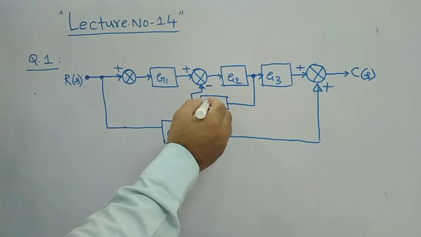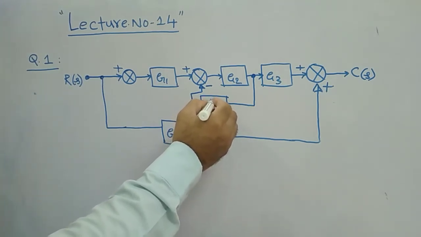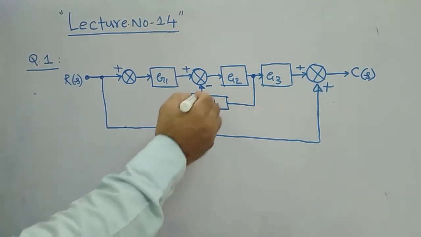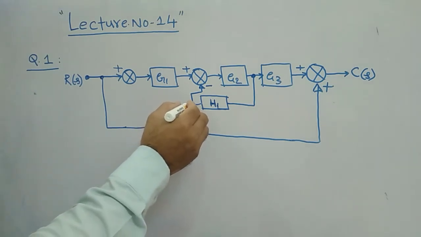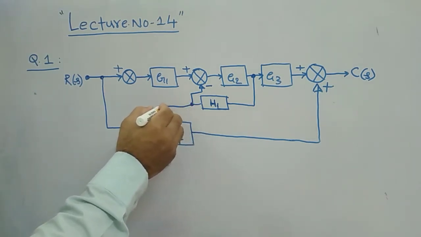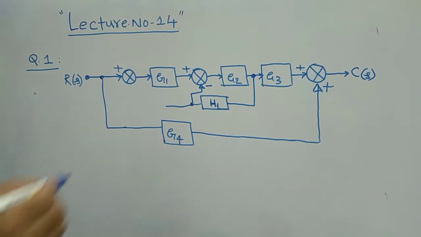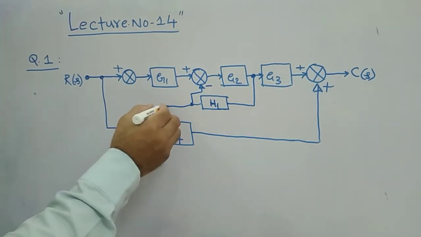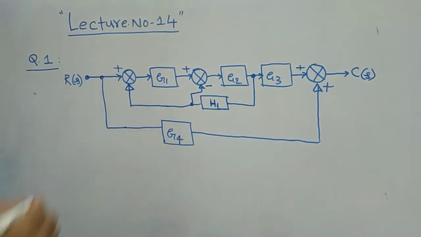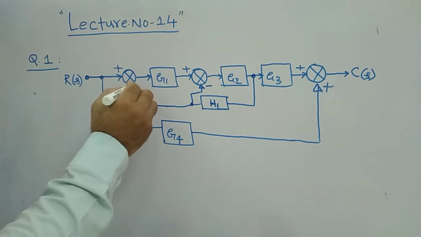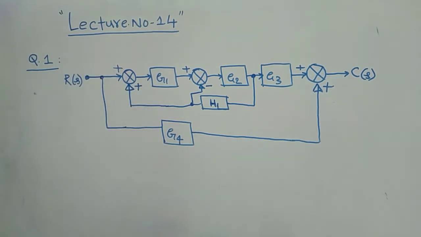From G2, means after G2, it is connected to this summer with minus sign. And from here it is connected to this summer like this with plus, positive feedback.